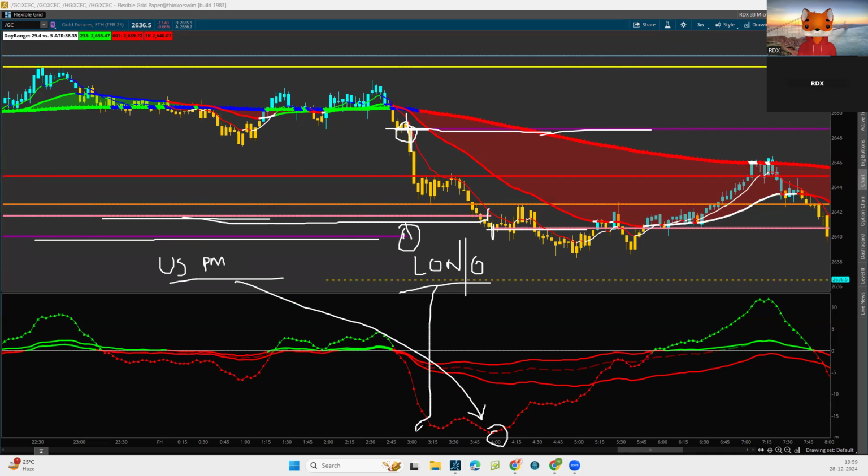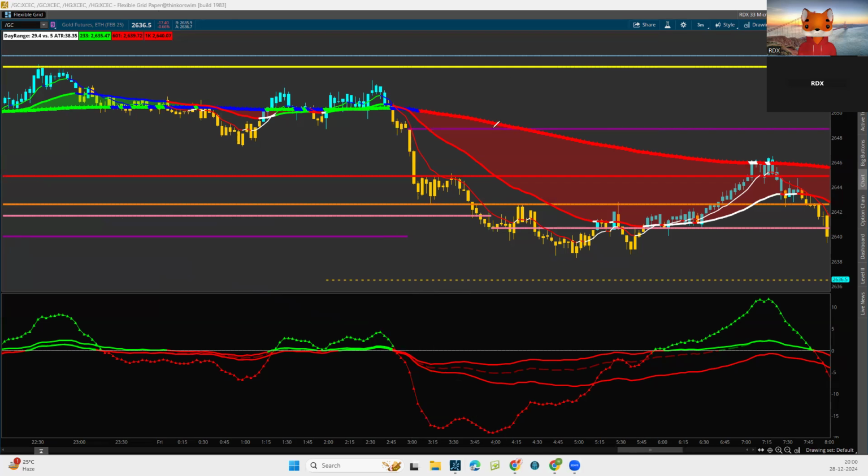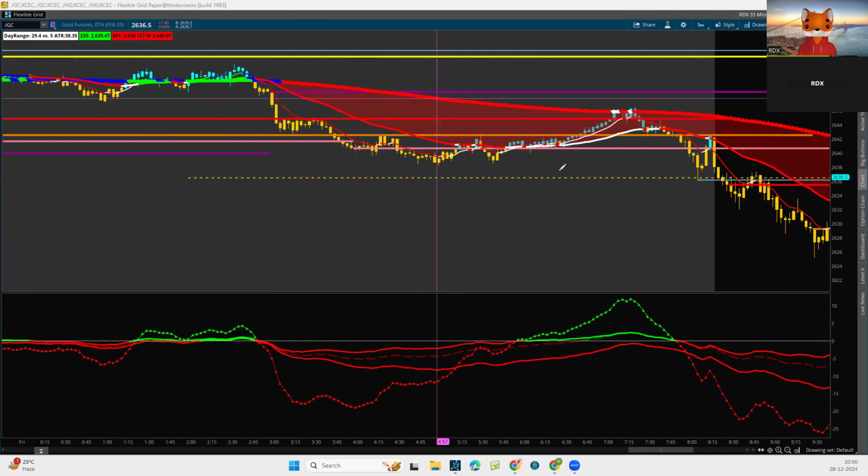London opens at 3 a.m. And then once these two lines come out, you will see some more colored lines on my chart. Again, they are all open lines. What are those? Let's get to them.